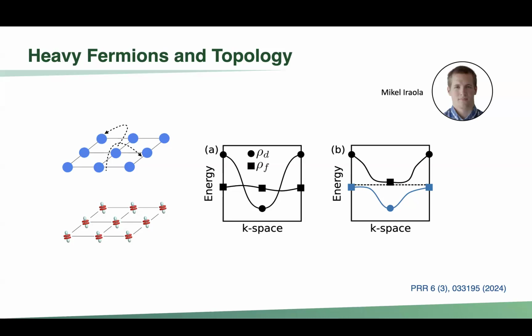No. So we're gonna move to the next case, which is the combination of heavy fermions and topology. Many people are working on this topic because now there are more and more materials where they measure a gap in the bulk and then they measure a surface contribution, and it's very difficult to explain the origin using DFT.